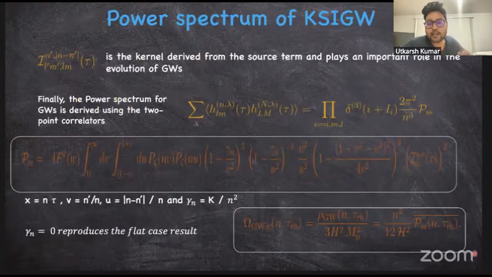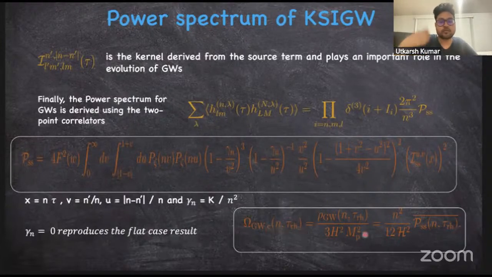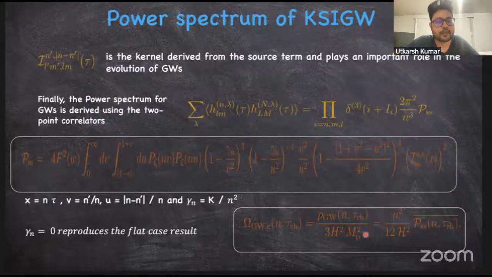So we note that including the spatial curvature even modifies the expression of the power spectrum. Finally, we can relate this tensor power spectrum to the gravitational waves via this relation in order to estimate the gravitational wave spectrum at reheating.